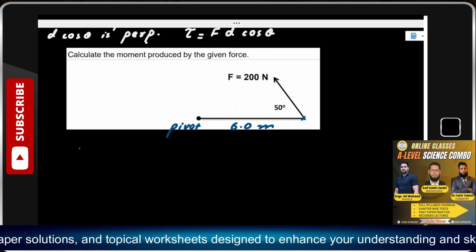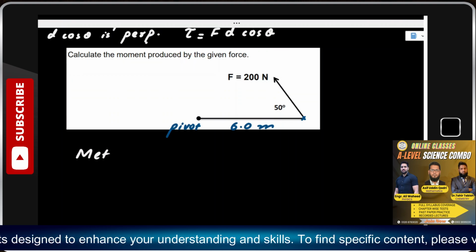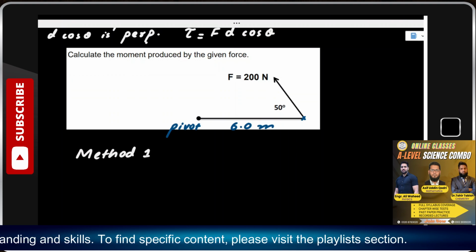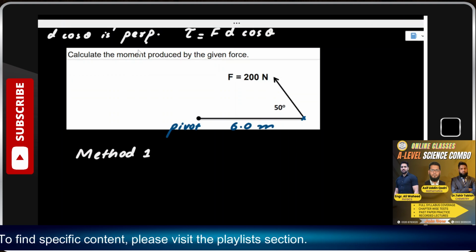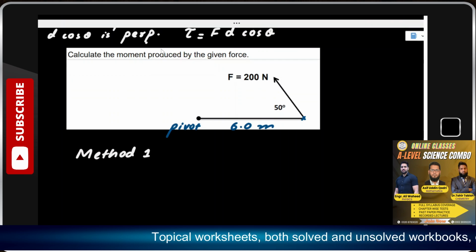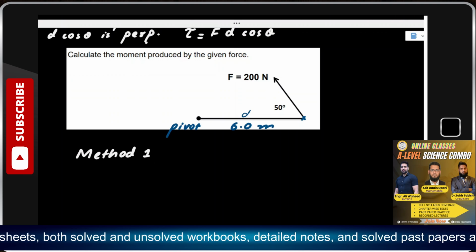So method number one, which is the method of drawing the components. And sometimes they strictly ask you, like I told you previously, they can ask you to strictly use the method of components to find the moment of force. So either F or the distance, either of these two has to be resolved into components.